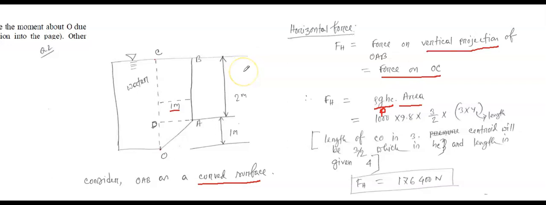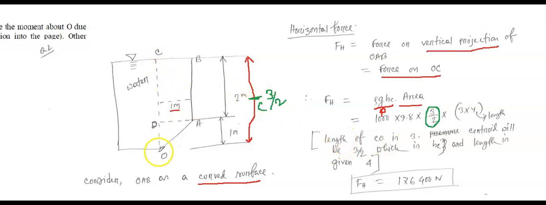The total distance from this point to this point is 3 meters. So where will the centroid be? Maybe somewhere around this point. That means it will be just 3/2, so the height to the centroid is 3/2.